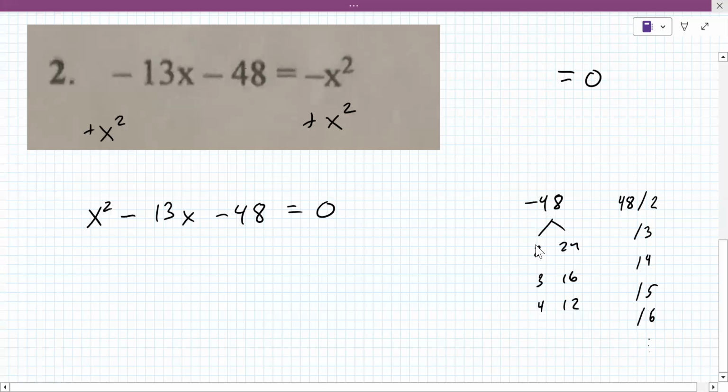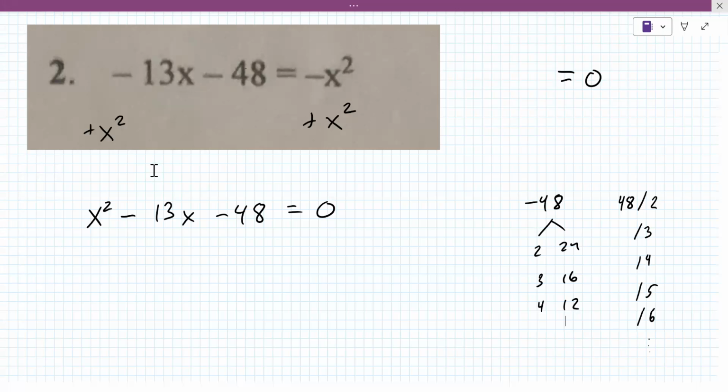You have to apply which one's positive and which one's negative. And you're looking for the pair that adds up to minus 13. Is it clear what I'm asking you to do? Yeah. Okay.